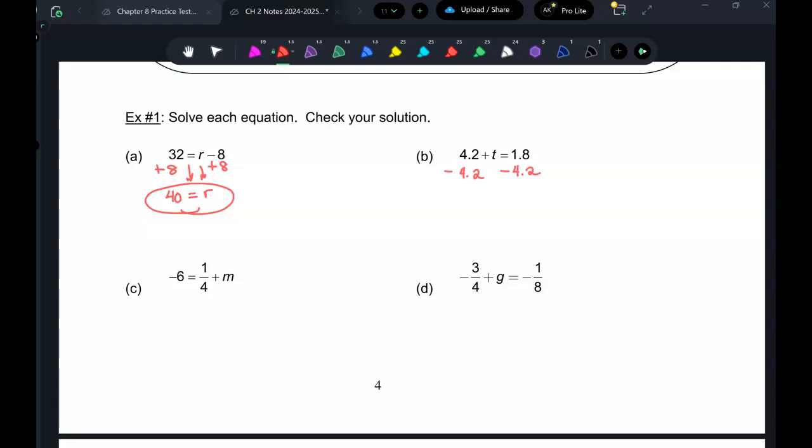It's positive. Because if there's nothing in front of it, we assume that's positive. So 3.6. If there was a negative in front, we would do addition. It's T equals 3.6. No, negative 3.6. It's not the same thing, it's different.